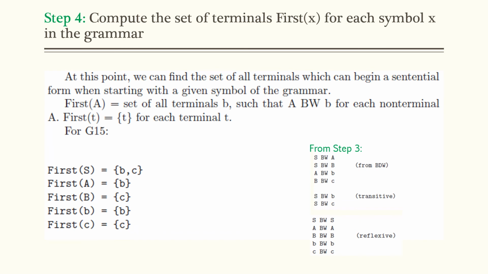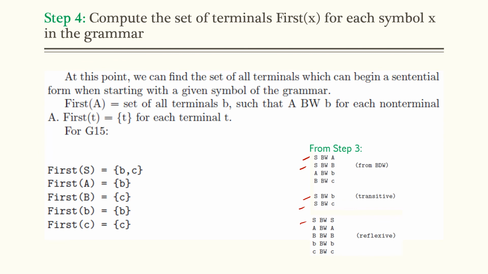So what does it mean here? Let's say we want to look for the information for first S. We need to refer to the output that we get from step 3. In step 3 we have S goes to A, S goes to B, S goes to B, S goes to C, S goes to S. So there are 5 pieces of information about S here, but we are only interested in the S that begins with a terminal, because we want the information on the terminal.